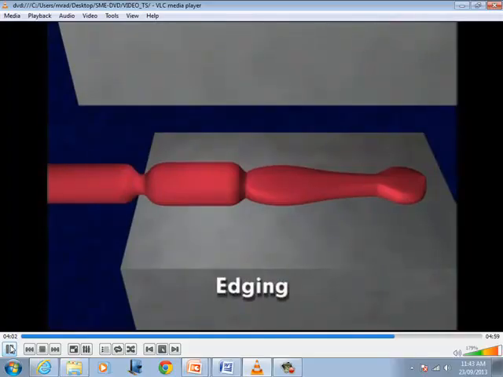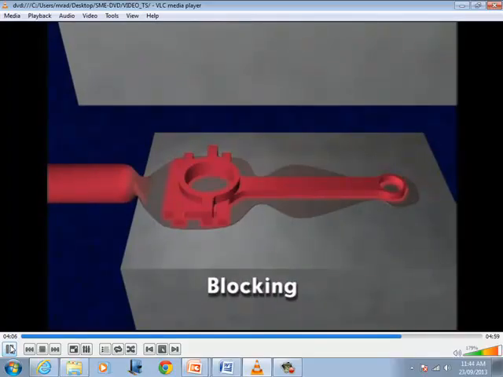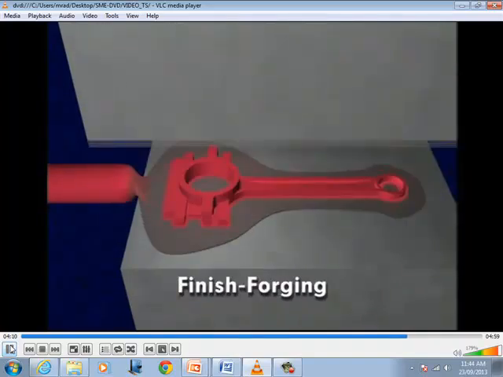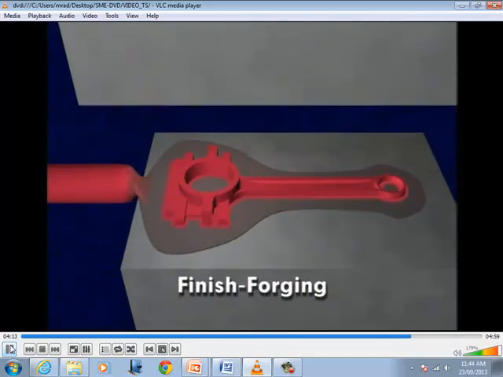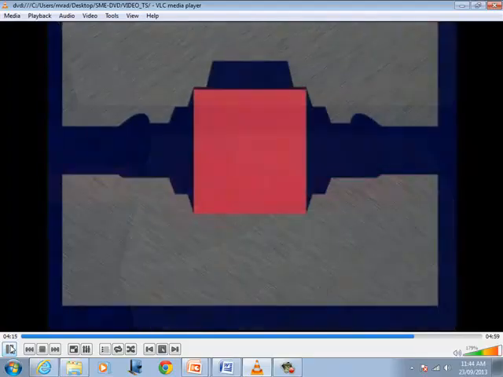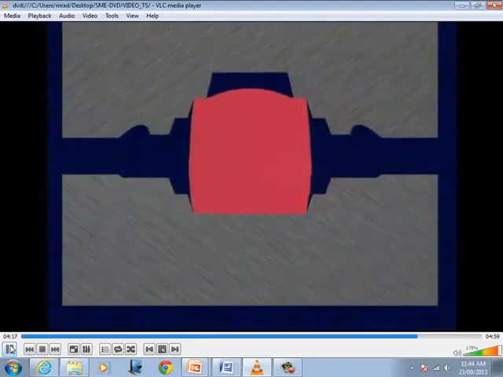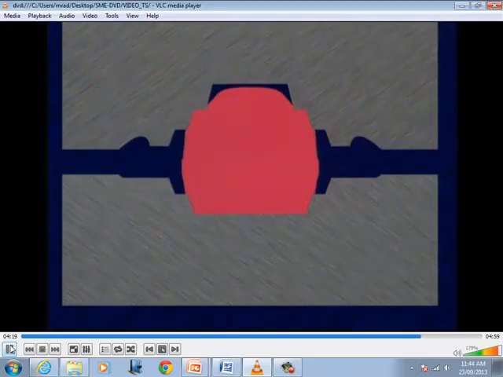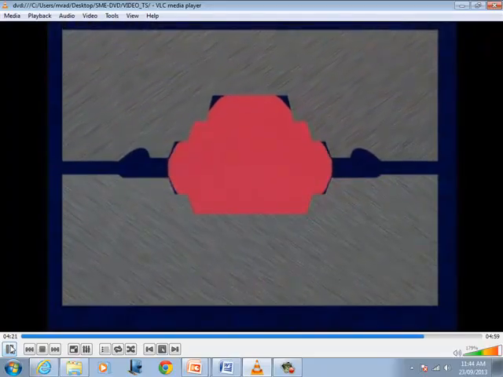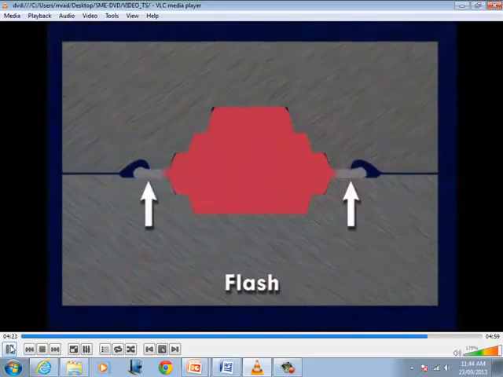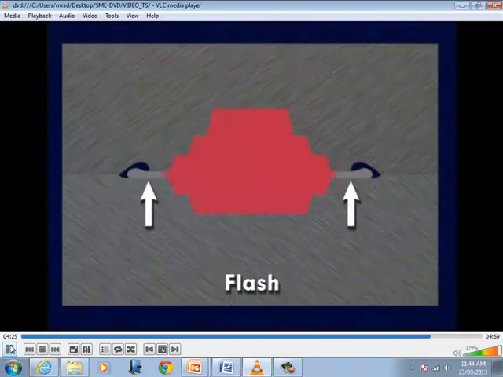Preforming operations may include edging to increase the workpiece cross-section, blocking to refine the shape for finish forging, and finish forging to complete the shape. In finish forging, the bulk of the metal is forced into the impression, while a thin layer called flash flows out between the dies at the parting plane surrounding the forging.